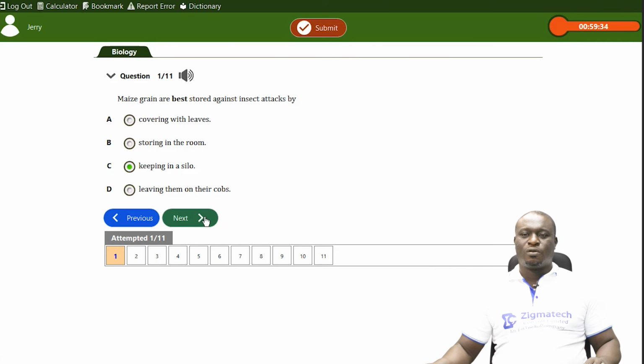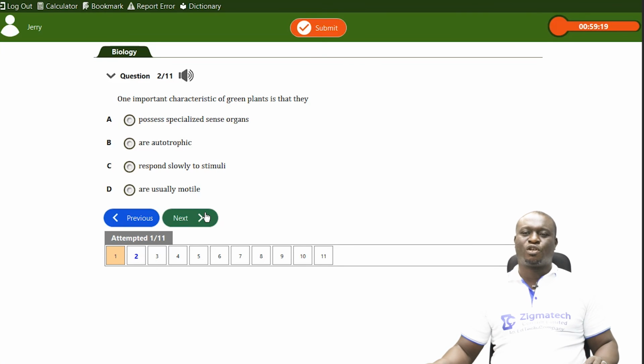All right, so that is one of the best ways to store maize grains, though we've not discussed this. Then number 2, look at this. One important characteristic of green plants is that they are autotrophic.